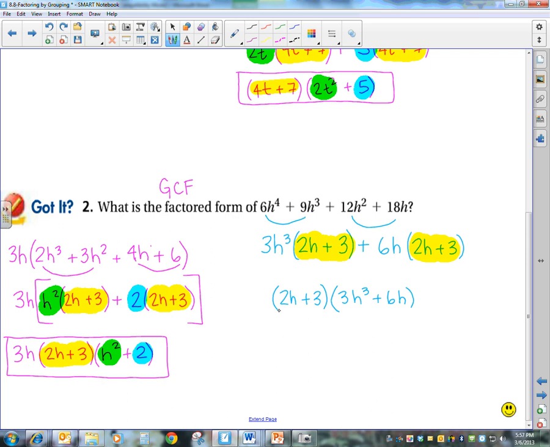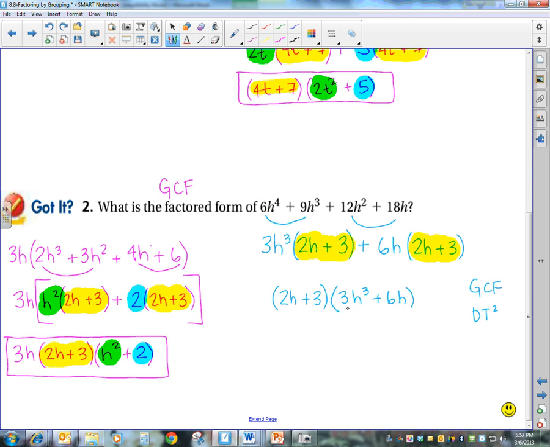Now, how do you know when you're finished? You look at those two terms. We have two ways of factoring two terms, and that is what we've talked about before: a GCF, or the difference of two perfect squares. That's how we abbreviated it. So this does not have a GCF. It is not a difference, so I'm done.